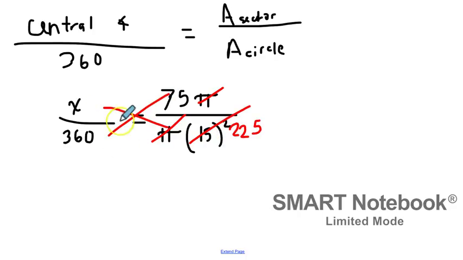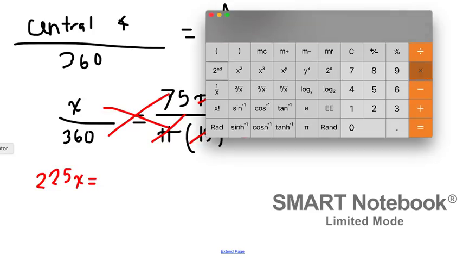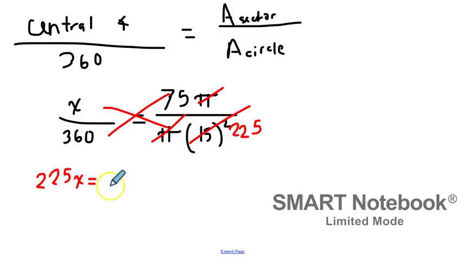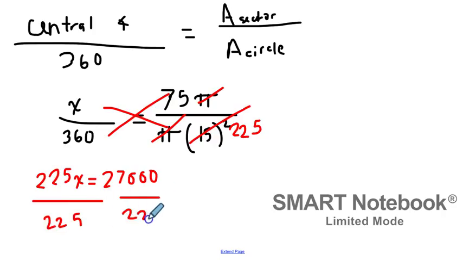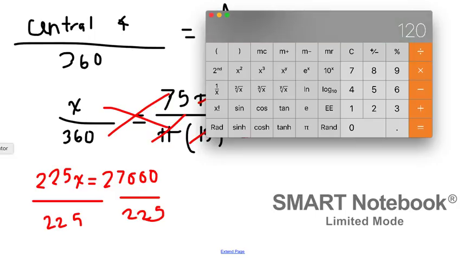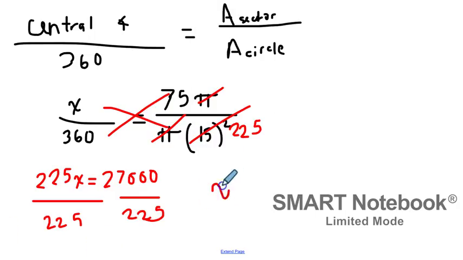And then I'll cross multiply. So I've got 225 times x is equal to 360 times 75. 360 times 75 is 27,000. Divide both sides by 225. And that gives me the measure of my central angle is 120 degrees.